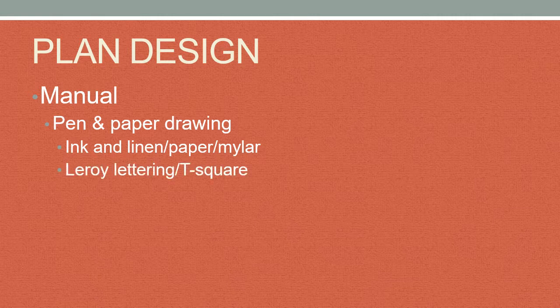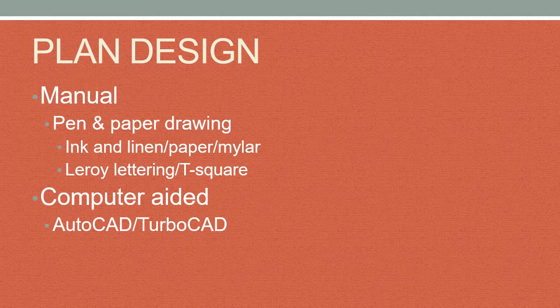We would letter it with a Leroy lettering set, or using a T-square and triangles. And again, today we have computer-aided methods. AutoCAD or TurboCAD, a less expensive version, and the use of plotters to actually do the drawing.